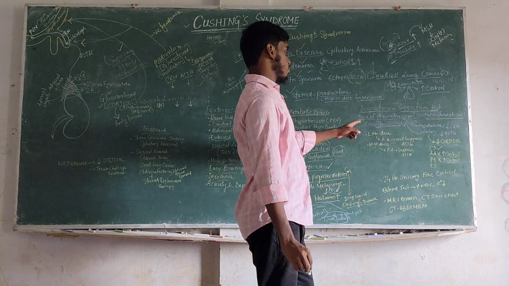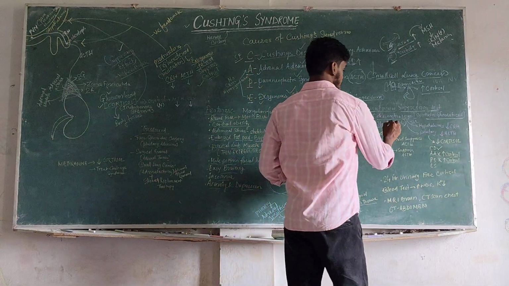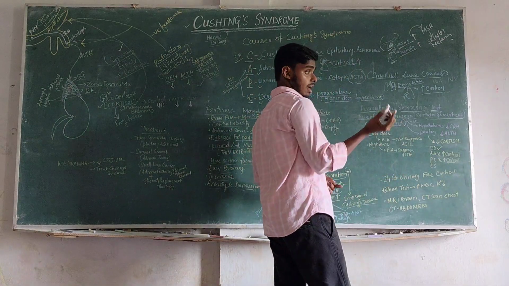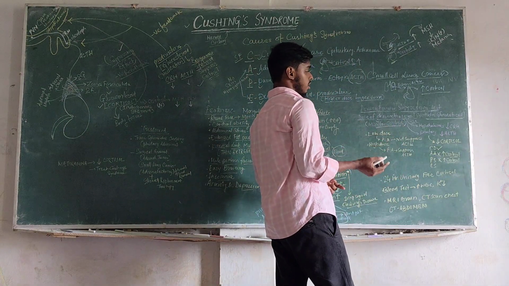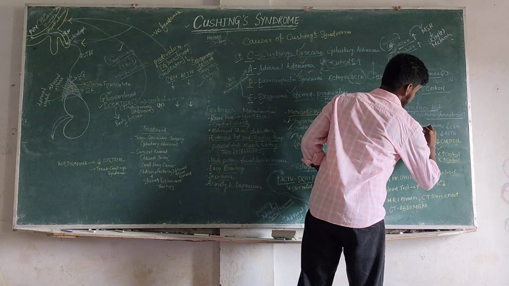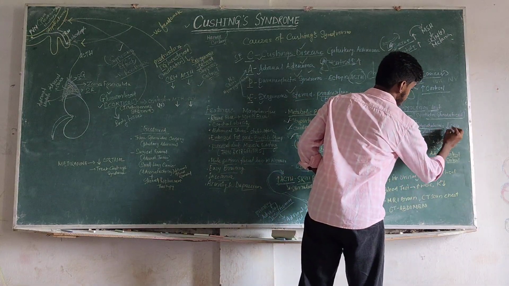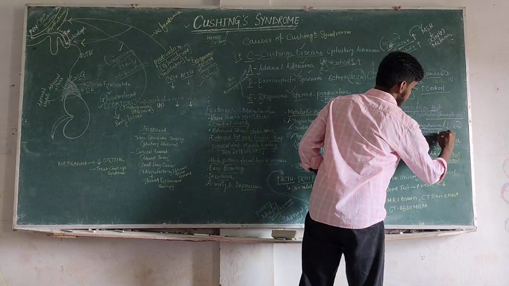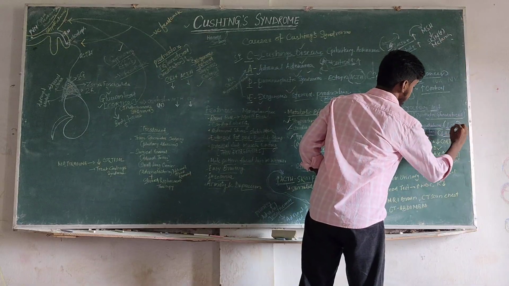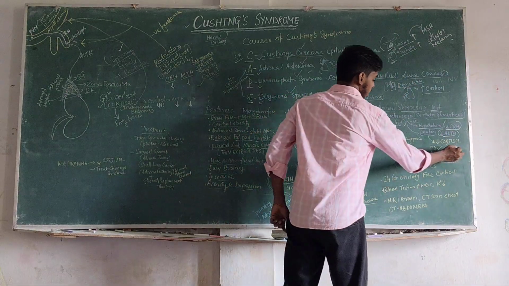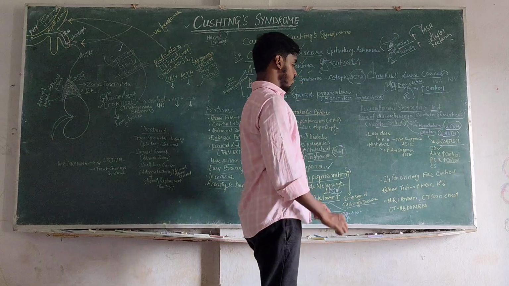Because of the negative feedback mechanism, dexamethasone will decrease the function of the hypothalamus and pituitary, so the release of CRH and ACTH will be decreased. This will further decrease the quantity of cortisol also.